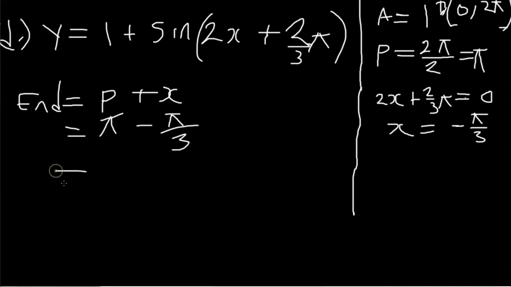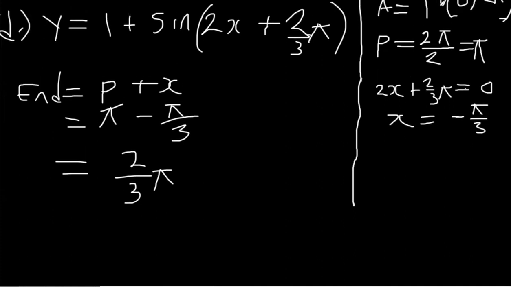So the end point on our graph is going to be 2 over 3 pi. So our first cycle is going to move from negative pi over 3 to 2 over 3 pi. That is our first cycle.